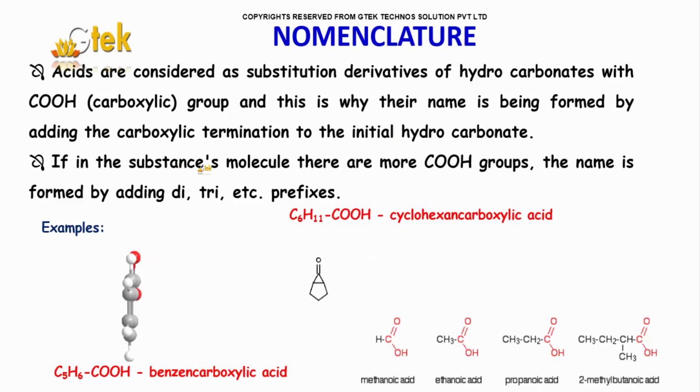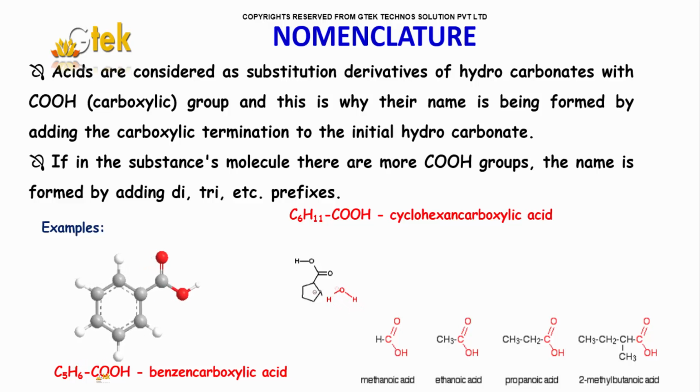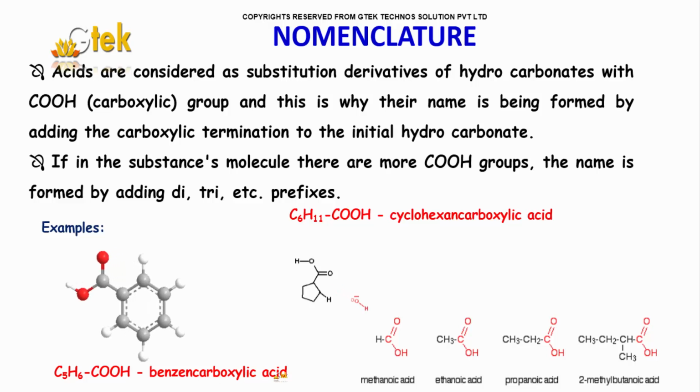If in the substance's molecule there are more COOH groups, the name is formed by adding di for 2 COOH groups, tri for 3, etc. Here is a typical example: benzene with acid becomes benzene carboxylic acid or benzoic acid.